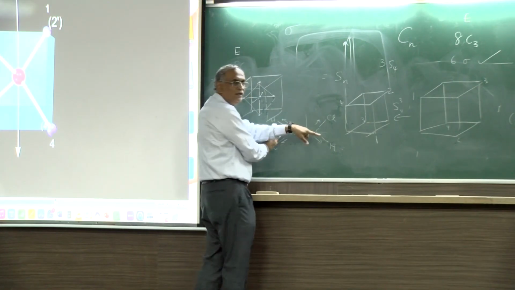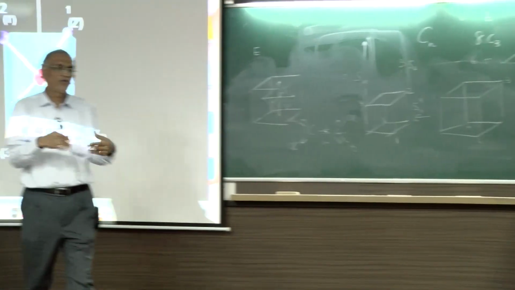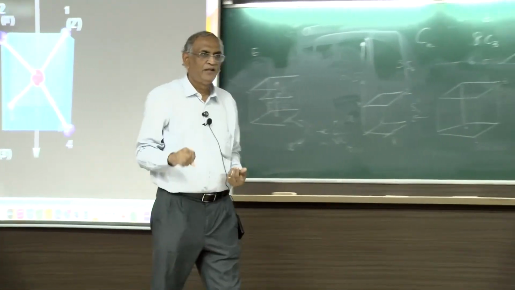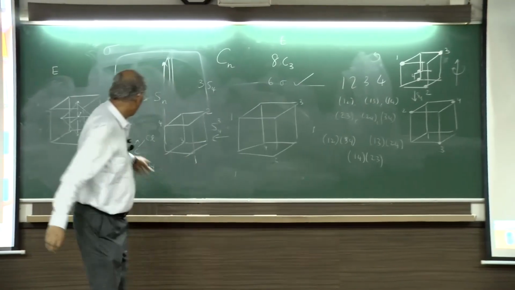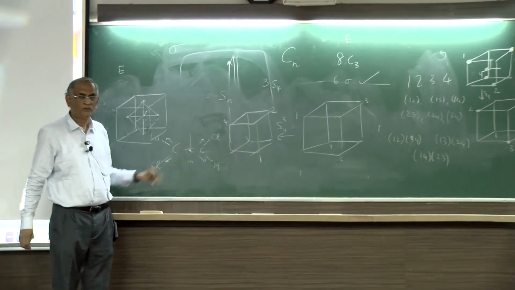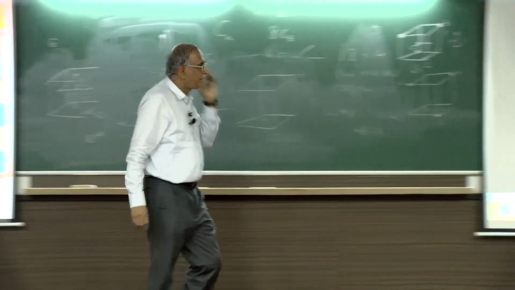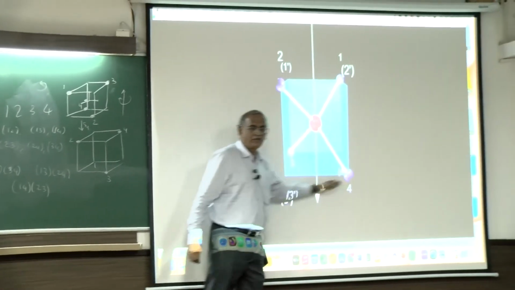This hydrogen goes here. Therefore, clarity will come when you start looking at inversion centers and the center of symmetry with respect to electrical properties. This molecule also doesn't have a dipole moment. So, the idea here is that this is an octahedron, this is a tetrahedron.